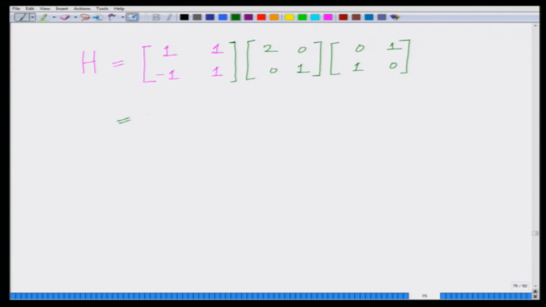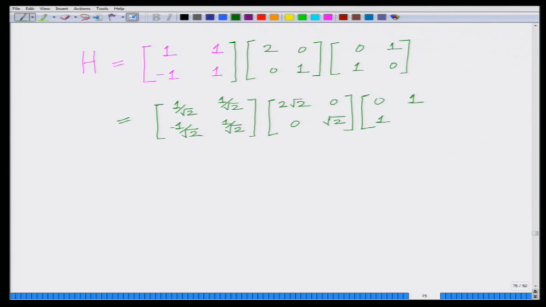Now I can divide each column by square root of 2 to normalize these columns, and multiply this square root of 2 into the diagonal matrix.